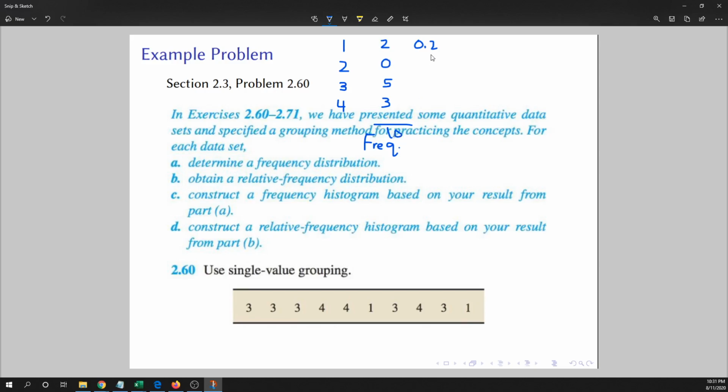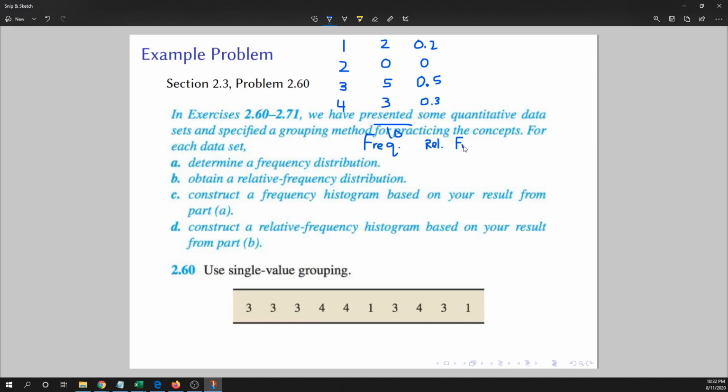So 2 divided by 10 is 0.2, 0 divided by 10 is 0, 5 divided by 10 is 0.5, and 3 divided by 10 is 0.3. There's our relative frequency distribution.